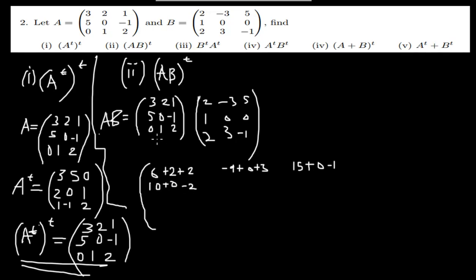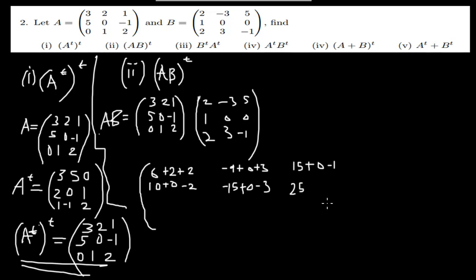And then we move on to the next one. 0 times negative 3 you get your negative 15 there. Then 0 times 0 you get your 0. And then negative 1 times 3 you get your negative 3. Okay, and then we move on to the last column this side. 5 times 5 you get your 25.